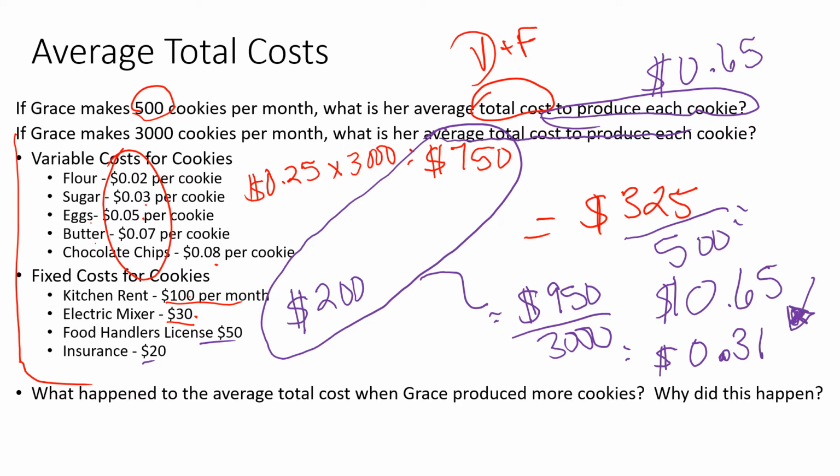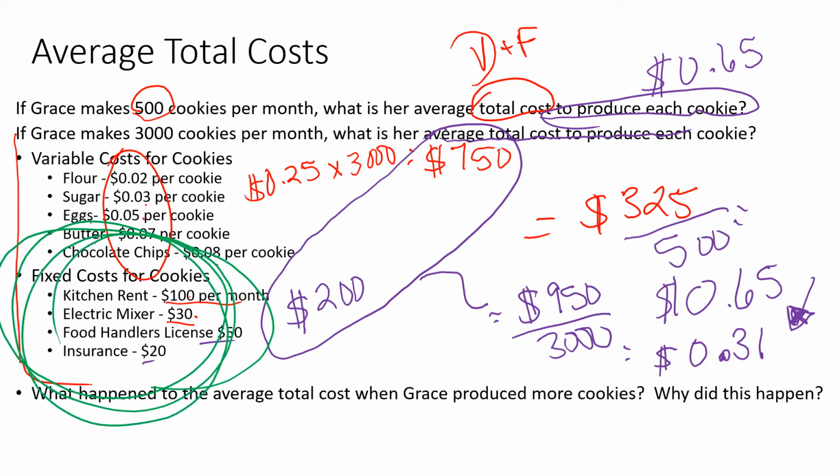So we went from it costing us 65 cents a cookie to 31 cents a cookie. And that is because our fixed costs stayed the same at $200, and this $200 now is spread over a larger number of cookies, which allows the price per cookie to decrease. Okay?